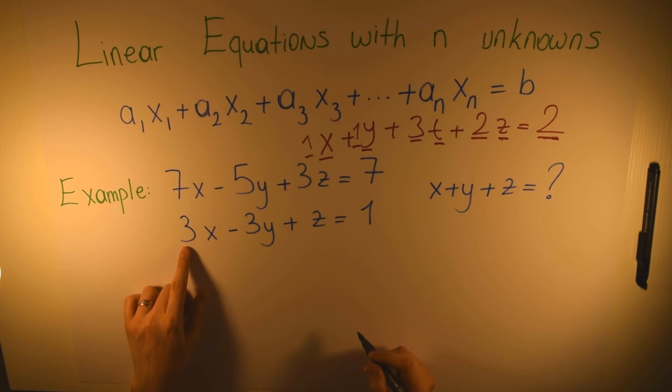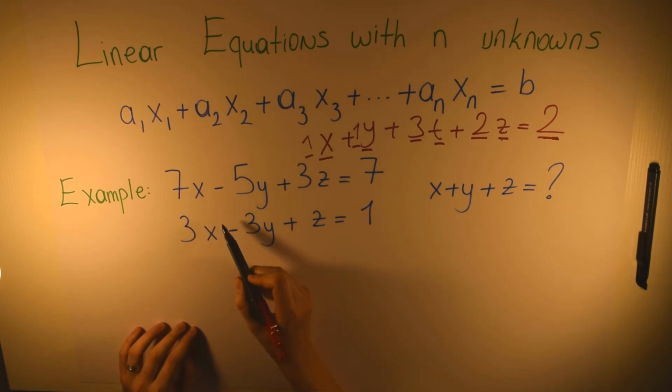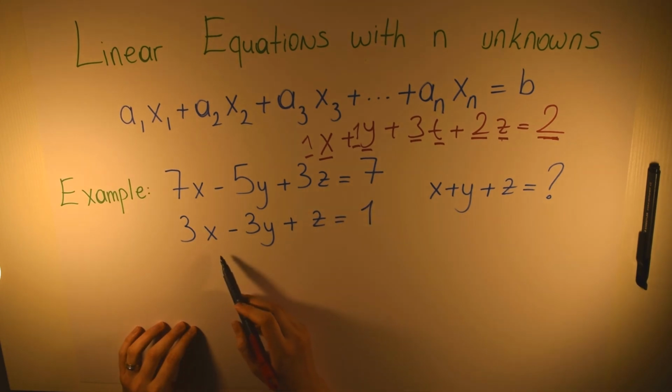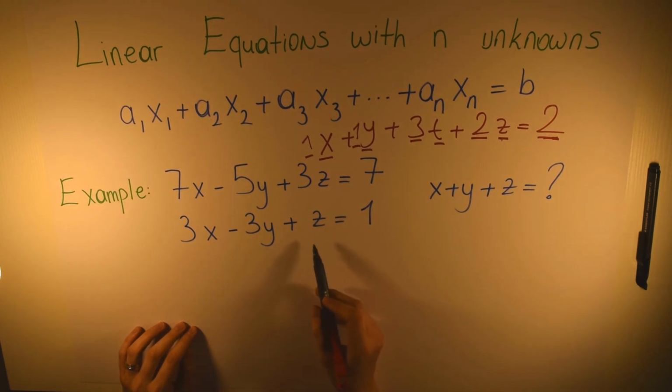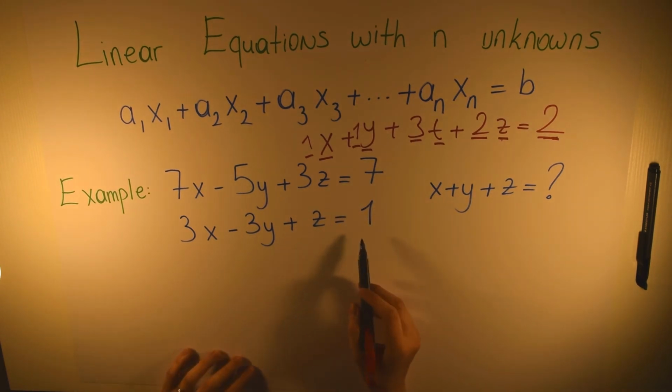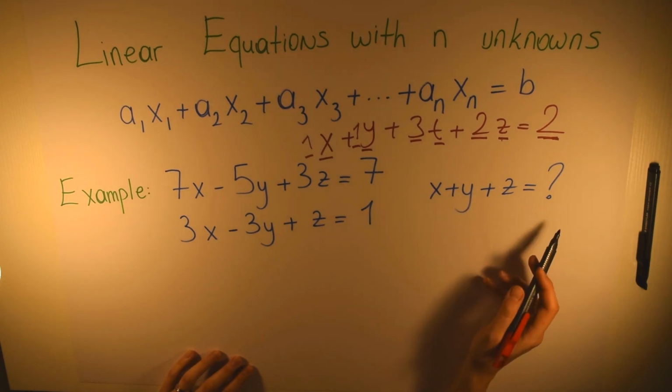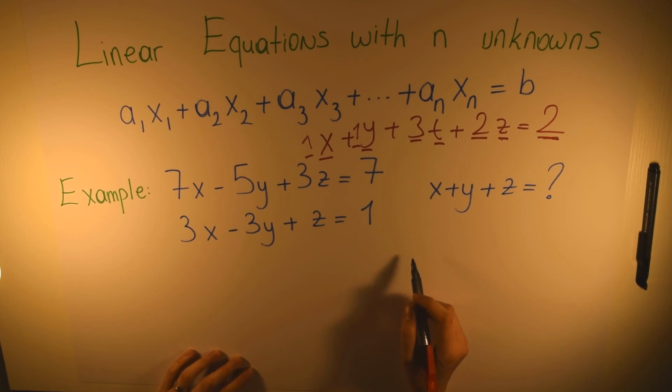So let's look at this example. Here we have 7x minus 5y plus 3z is equal to 7, and here we have 3x minus 3y plus z is equal to 1, and x plus y plus z is asked. So actually we apply the same rules as we did before.